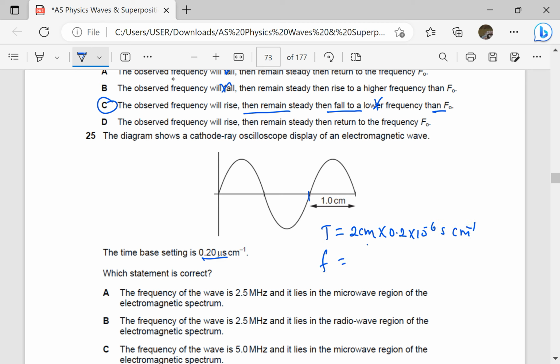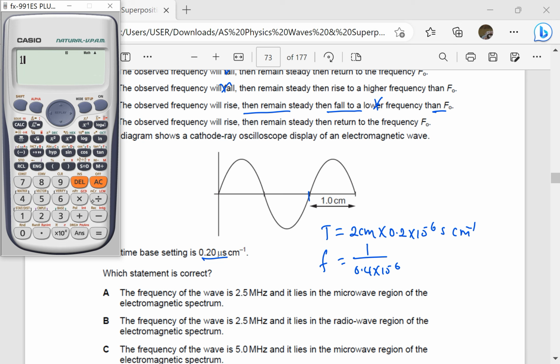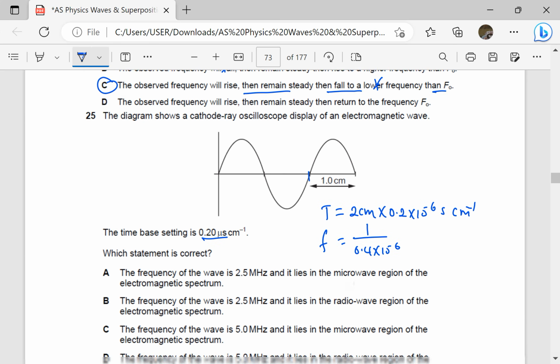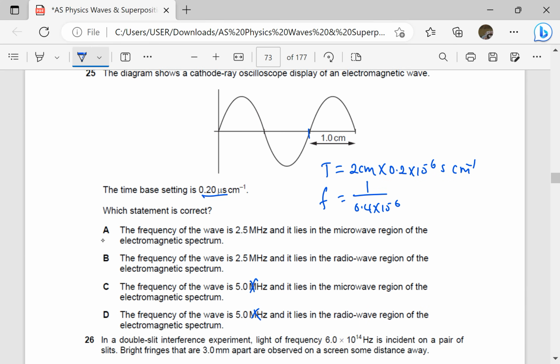So the frequency is going to be 1 over 0.4 times 10 power negative 6, which is 2.5 megahertz. So the frequency is 2.5 megahertz. We ignore this one and this one.